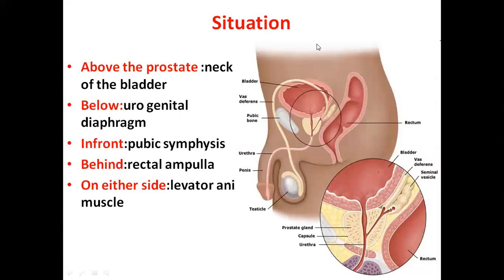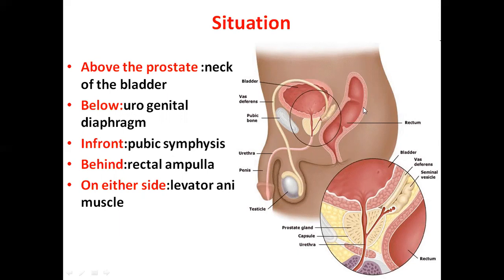Now, this is the male sagittal section of the pelvis, which will help us to understand the location of prostate gland. This is the anterior abdominal wall. Behind the lower part of it, we are finding pubic symphysis at the pubic bone. Here we see the urinary bladder, the neck of the urinary bladder, and at the neck we have prostate gland, behind which we are finding seminal vesicles.